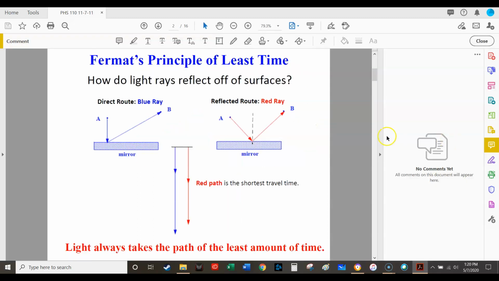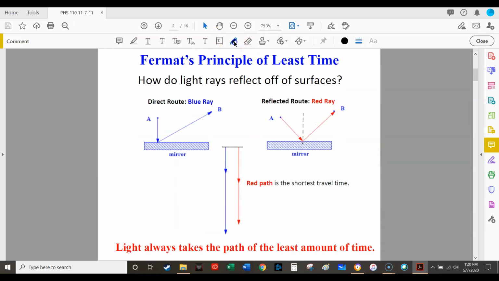I just created this slide to illustrate why light actually comes in at the same angle and exits at the same angle. So why doesn't light take this path? This is not a true path of light.